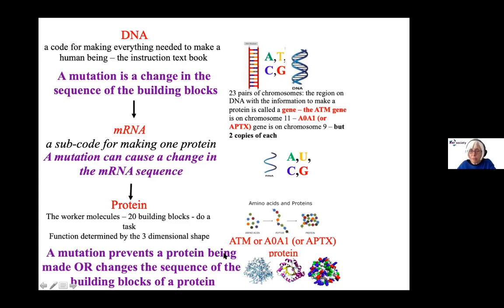Sometimes it can prevent the protein being made, but sometimes the sequence will just change. It will just change the sequence of these building blocks here, and that will make an abnormal protein. So this is what we mean by mutations, a change in the sequence of the DNA.